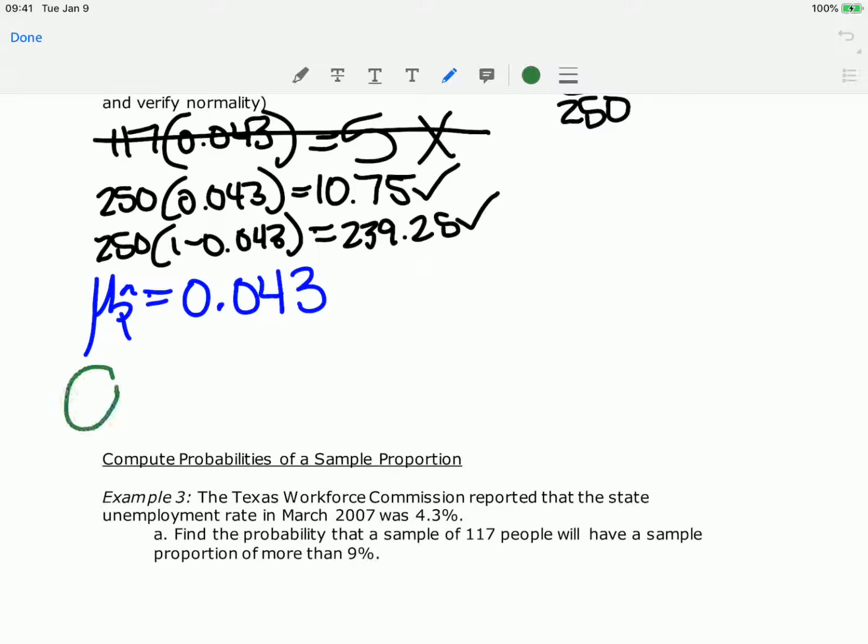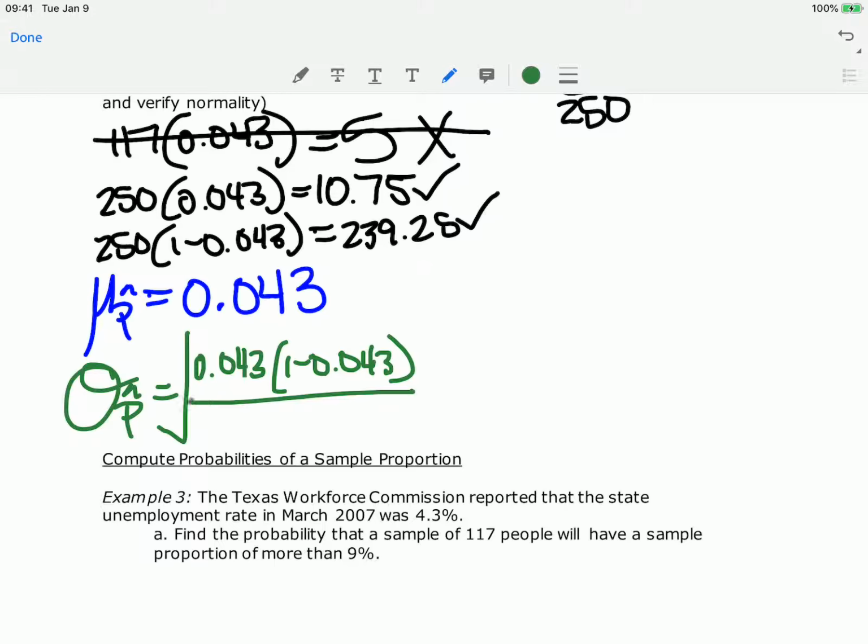And then we need to find the standard deviation of p hat, which I had done, but I didn't do it using 250. So we're going to take our p, 0.043, times 1 minus 0.043, divided by 250.